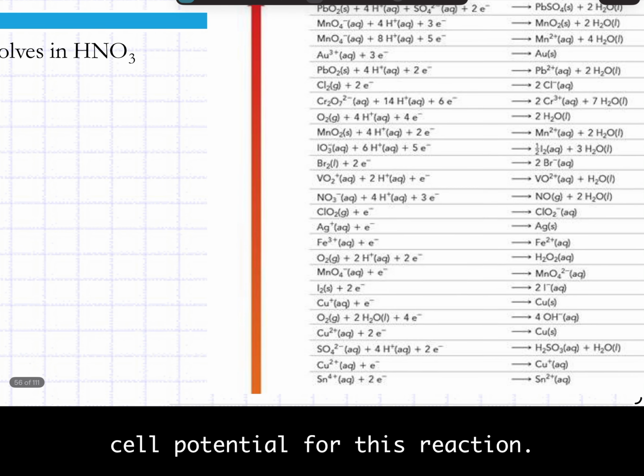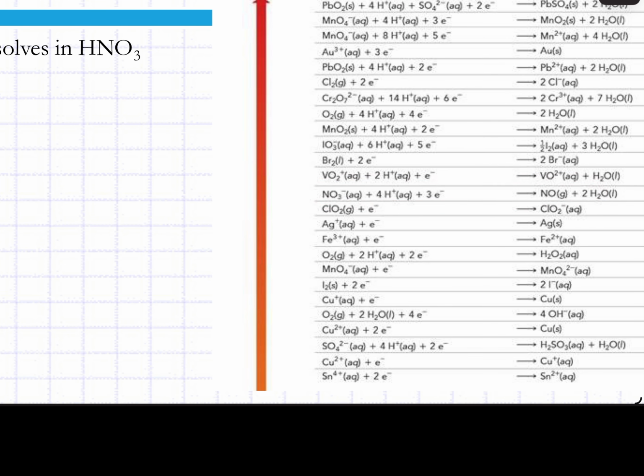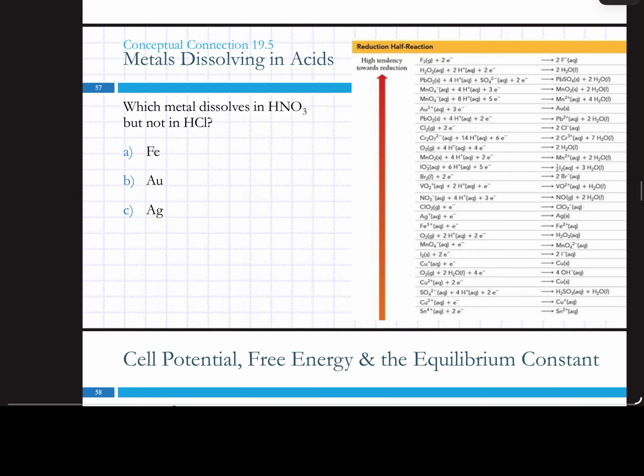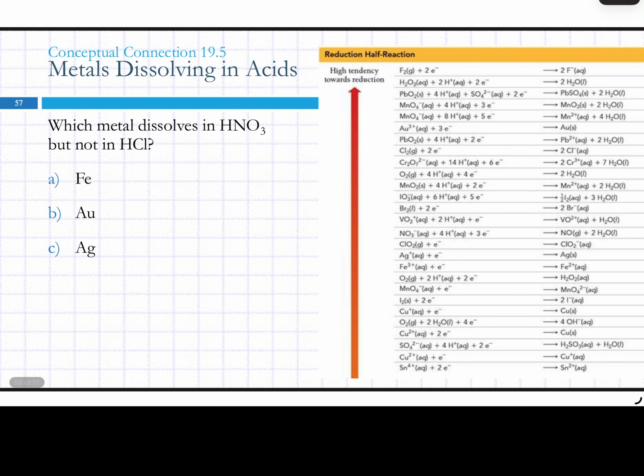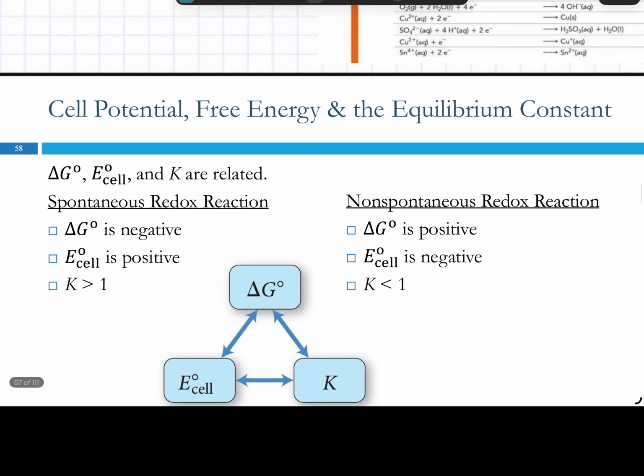How do I calculate the cell potential for this reaction? Cathode minus anode.